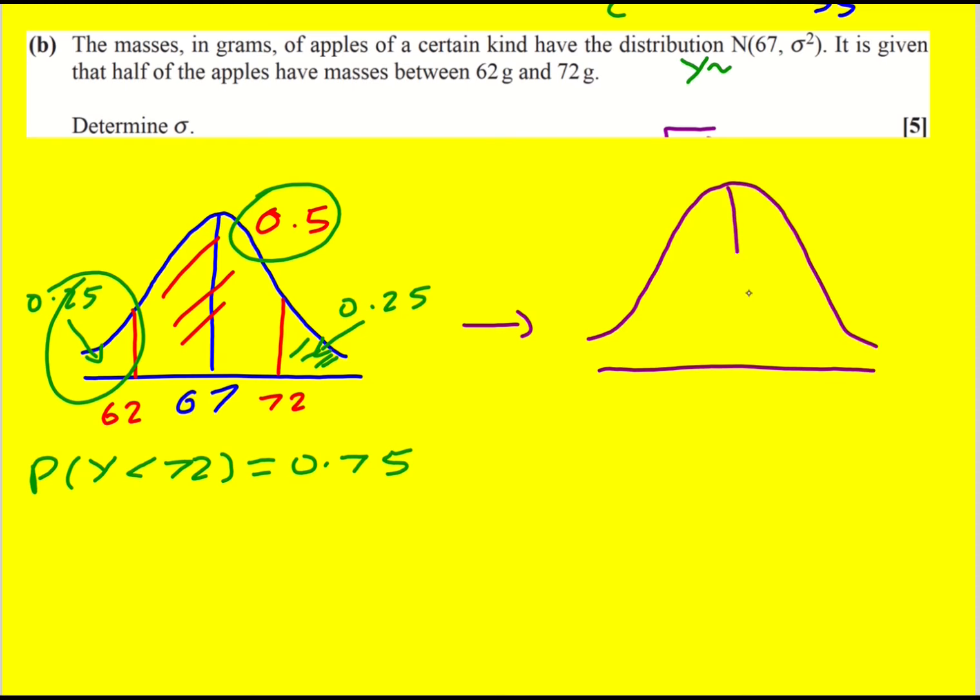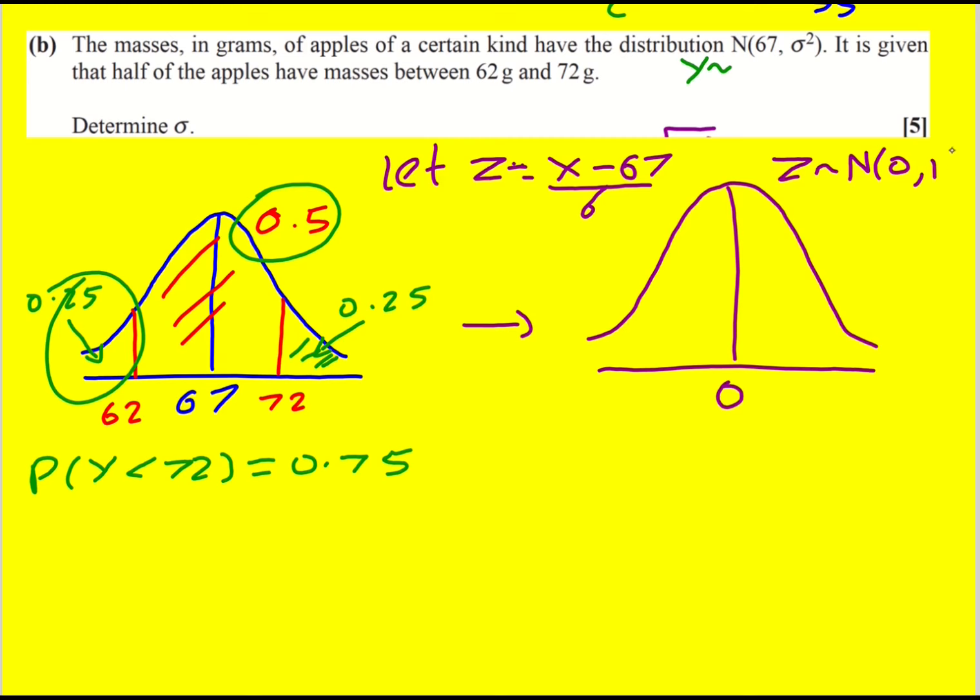So to do this, we turn it into the standard normal distribution, which has mean of 0 and standard deviation of 1. So let z equal x minus 67. We subtract 67 from every single value, and then we also divide by the standard deviation, and that will give us the N(0, 1) distribution.